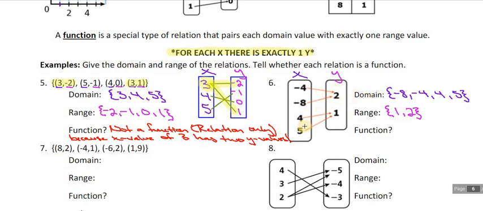Don't care what it is. 4 is only going to one number. 5 is only going to one number. So each of our x's are technically only going to one y value. Again, it doesn't matter what the y value is as long as there's only one y value for each x. So this is a function because each x has exactly one y.